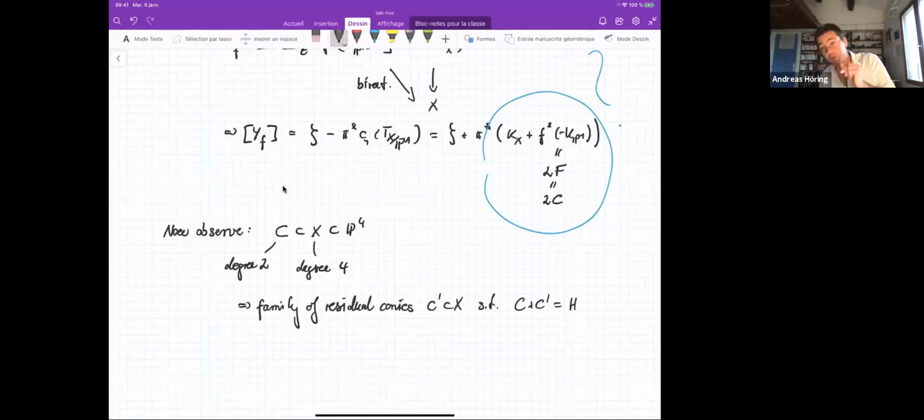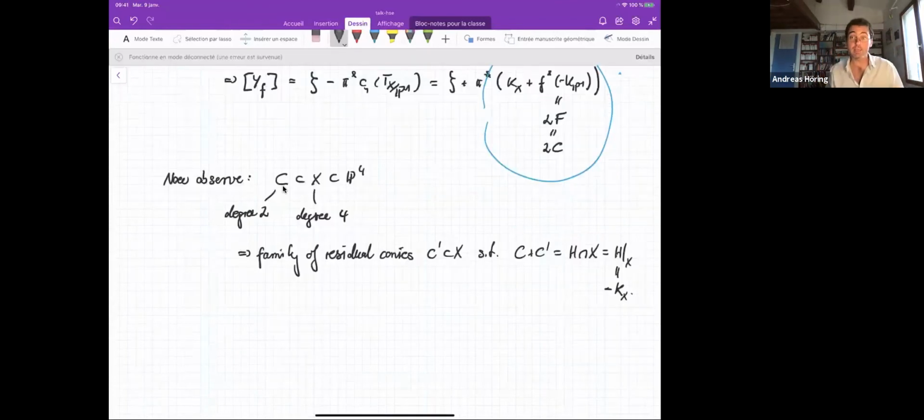Let me recall immediately that I took an anticanonical embedding of my del Pezzo surface. So H restricted to X is just minus K_X. So I know that I always have this residual family of conics. Again, it's a family of minimal rational curves, so I can look at the total dual VMRT and write down this divisor class.